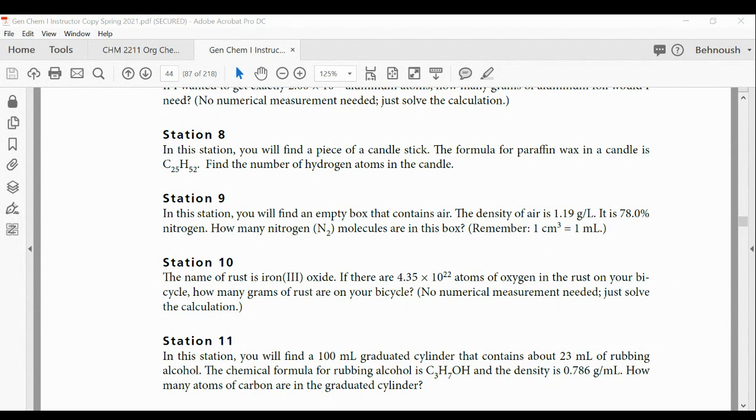Okay, not the area. You are on the right track, but area is 2 dimensions. You need 3 dimensions. Okay, very good. So you find the volume first. And how do you find the volume?